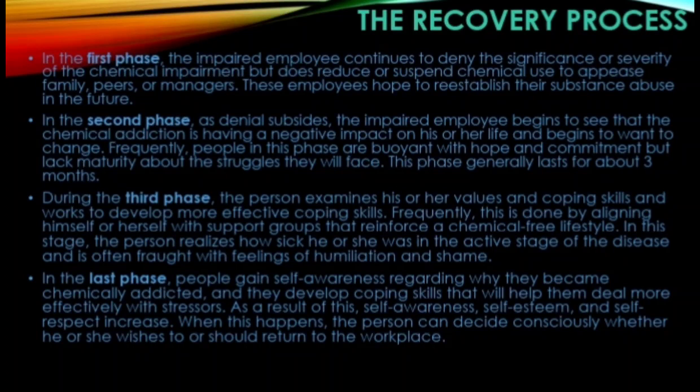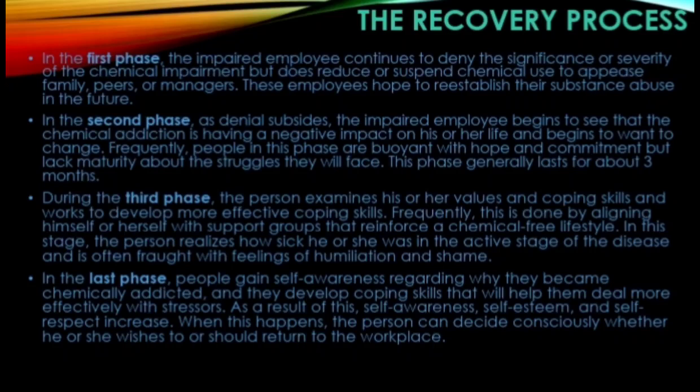During the third phase, the person examines his or her values and coping skills and works to develop more effective coping skills. Frequently, this is done by aligning himself or herself with support groups that reinforce a chemical-free lifestyle. In this stage, the person realizes how sick he or she was in the active stage of the disease and is often fraught with feelings of humiliation and shame.